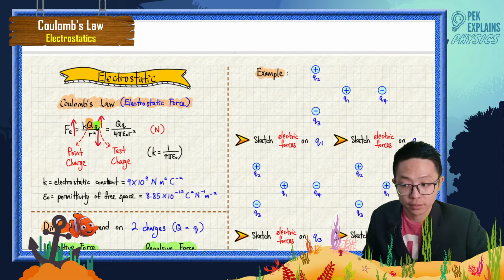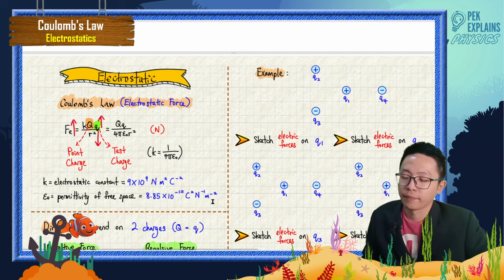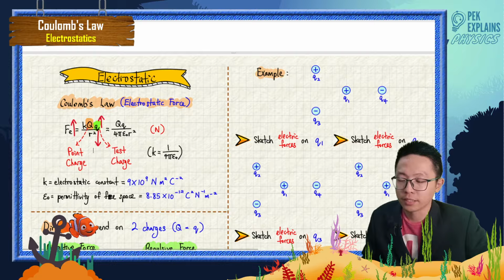K is the electrostatic constant, epsilon naught is the permittivity of free space, whose value is 8.85 exponent negative 12, and this is the unit. You can get both constant values from the list of constants provided.